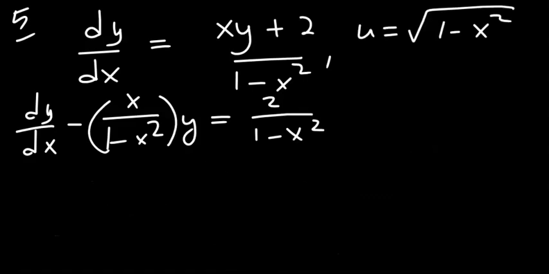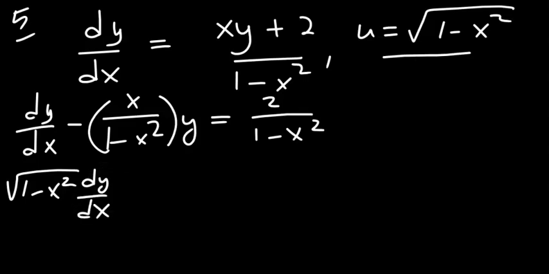Now let's multiply this differential equation by that integrating factor. You get square root 1 minus x squared dy/dx minus x over square root 1 minus x squared, which is simply square root 1 minus x squared after multiplying by u. Don't forget the y.